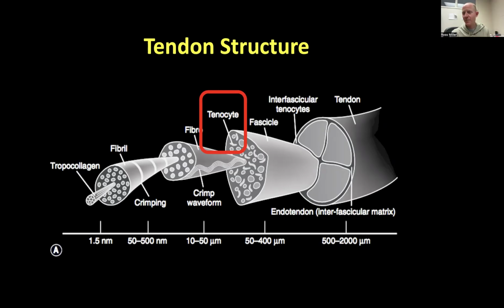So it's not like bone, where there are distinctly separate cells that play distinct roles that don't overlap at all with what any other cell is doing. Tenocytes have several different subtypes, but they're all broadly doing the same thing in terms of trying to maintain that extracellular matrix with the collagen fibers that give this thing its whole general structure and have these capacities for the uncrimping and the unfolding.